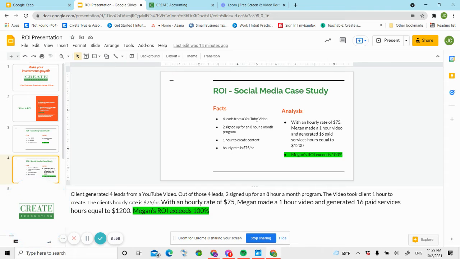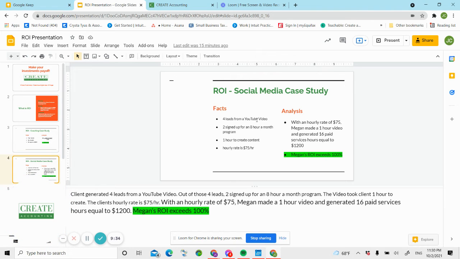Okay, so determine how many hours am I spending on social media, and then you can determine what is my hourly rate, and then you can determine what are the amount of services that I'm generating an income on. What is my revenue that I'm generating in income? What is my total revenue that I'm generating based on the numbers that I'm putting into social media? Okay.